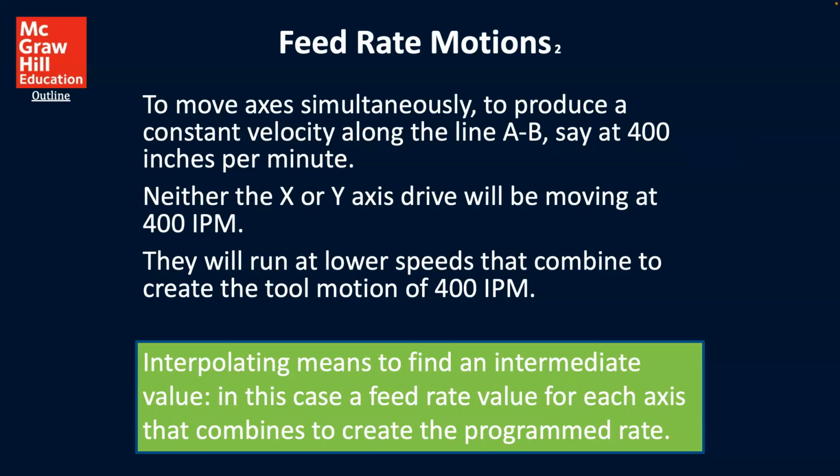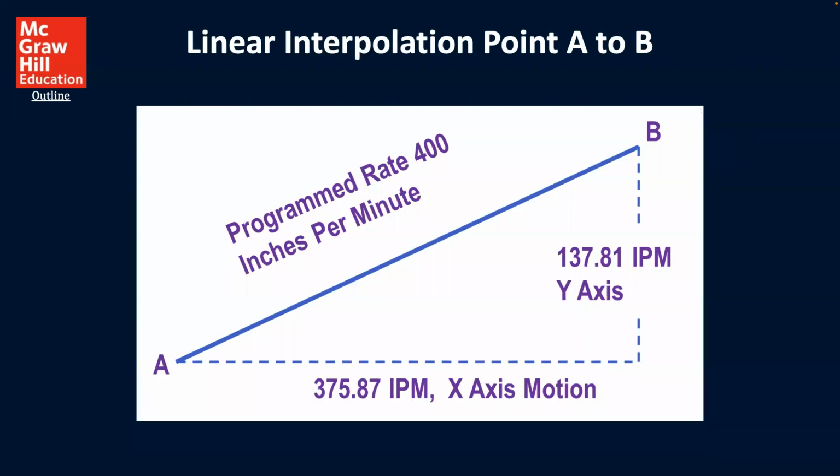Interpolating means to find an intermediate value, in this case, a feed rate value for each axis that combines to create the program rate. So here you can see an idea of what this means. If you want to have 400, you can have a right triangle, and you can be thinking what it would then imply in the X direction and in the Y direction to come up with that program rate that we're looking for.